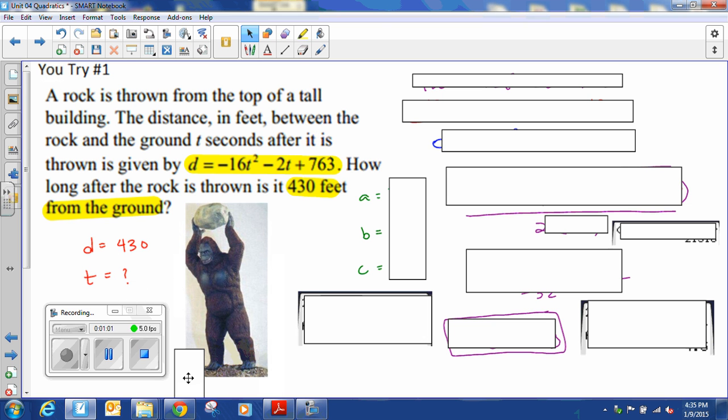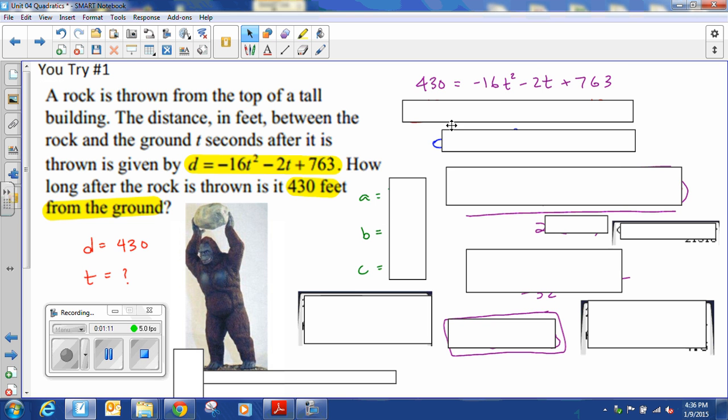So T will get the question mark. So basically we're going to substitute 430 in for D in this equation. So now we have 430 equals negative 16t squared minus 2t plus 763.